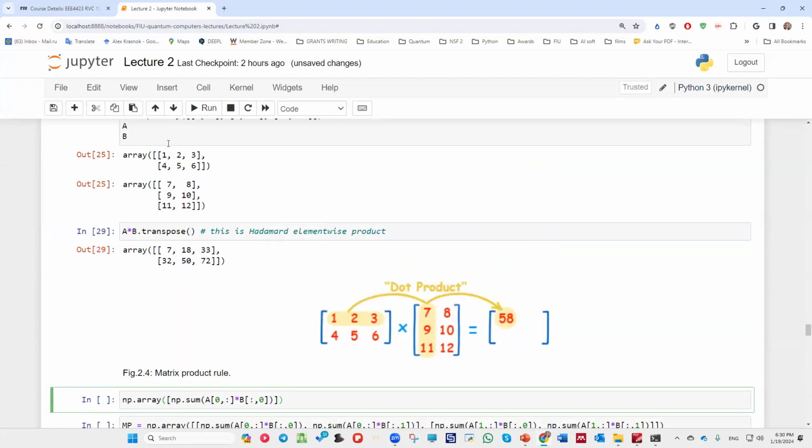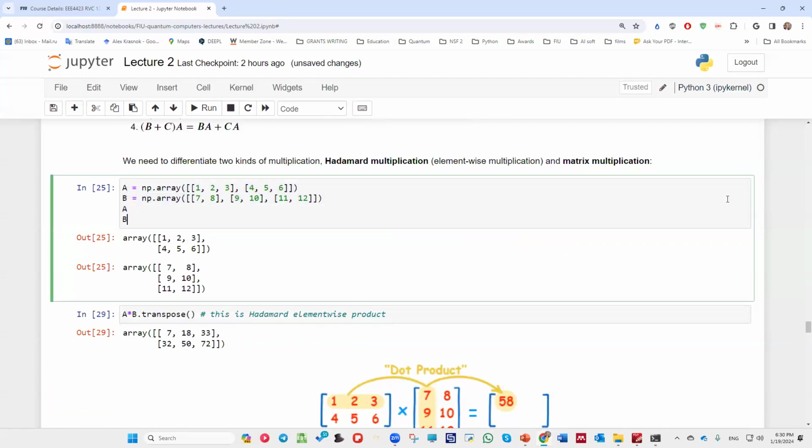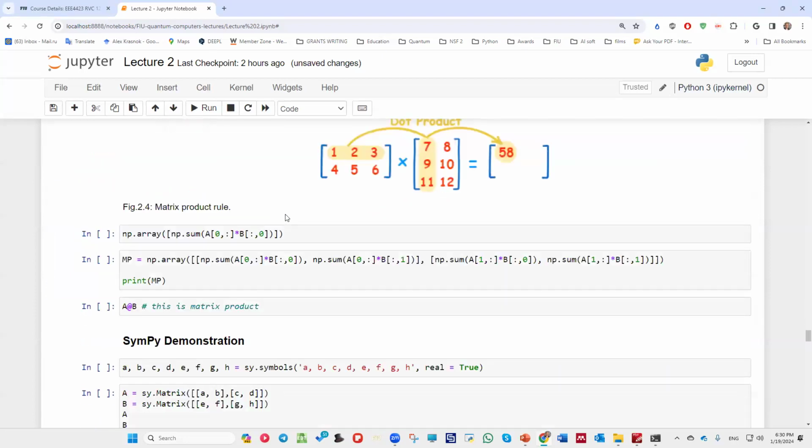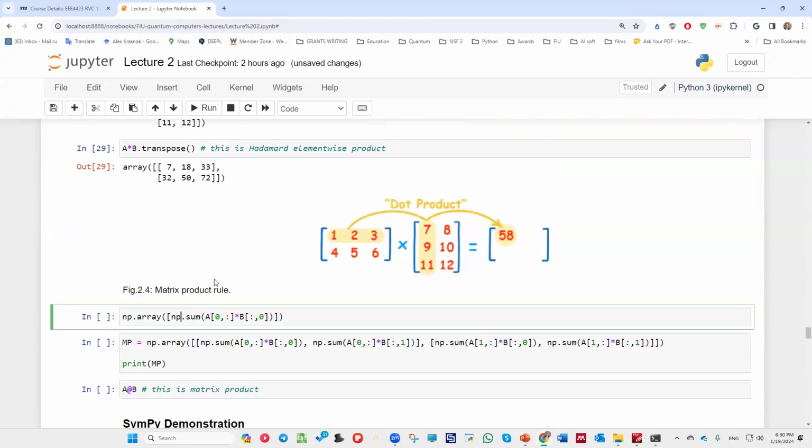So say I have these two matrices, A and B. I can ask Python to take the slice of the first matrix.